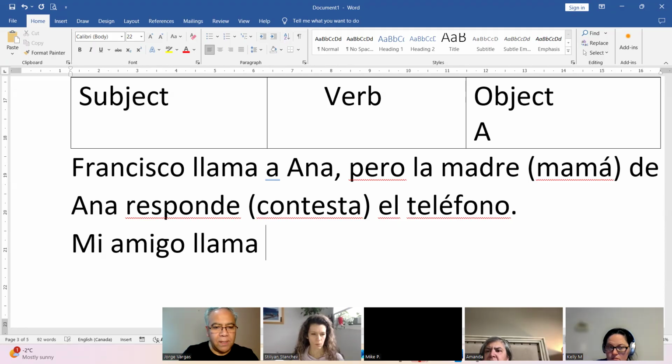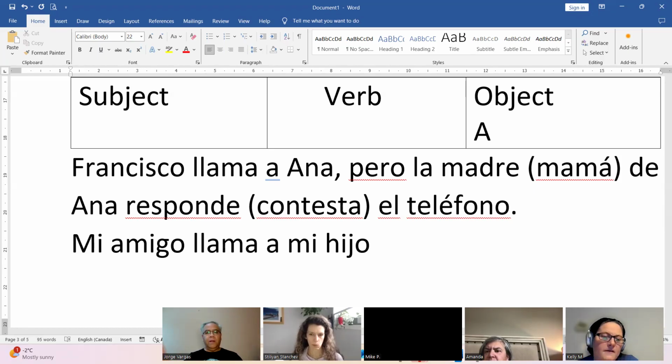Okay, now in this case, it has to be instant. You have to think, mi amigo is the subject. Llama is the action, and then comes an object, which is a person. Mi amigo. Mi hijo. We're fine. Okay, go again. 1, 2, 3. Mi amigo llama mi hijo.